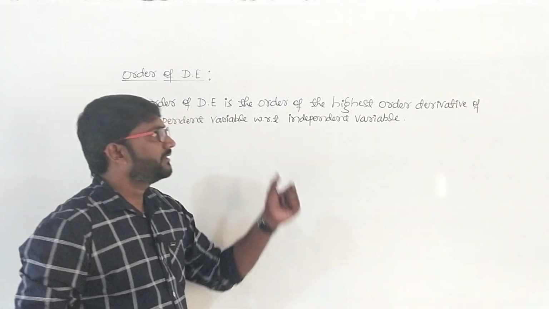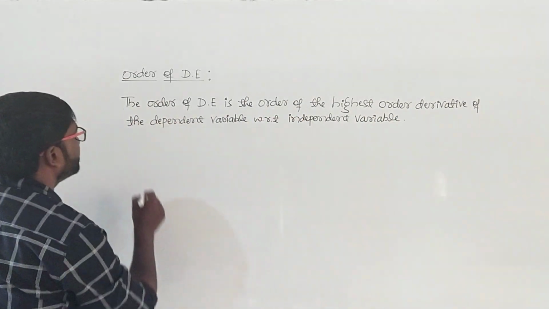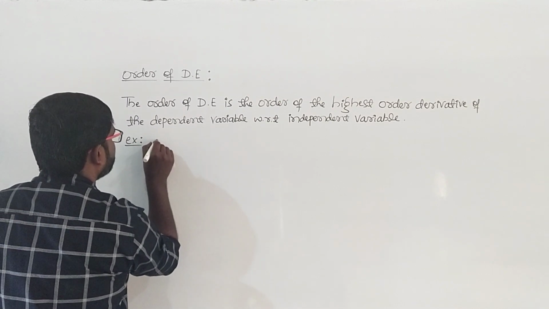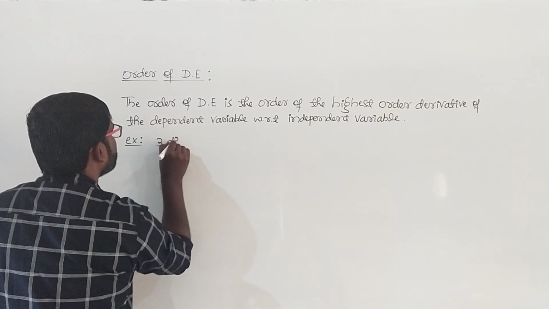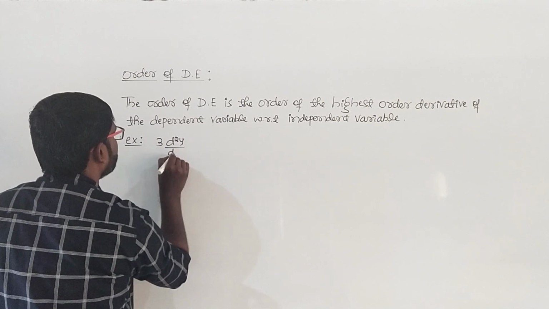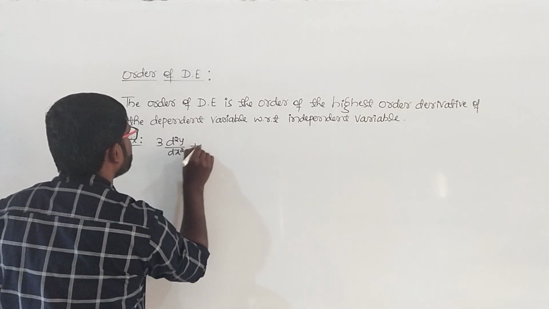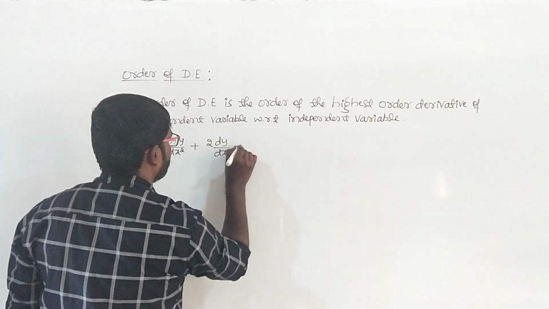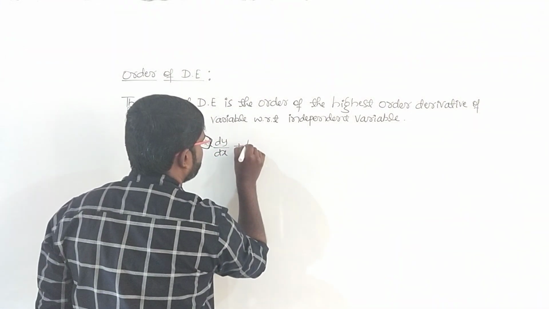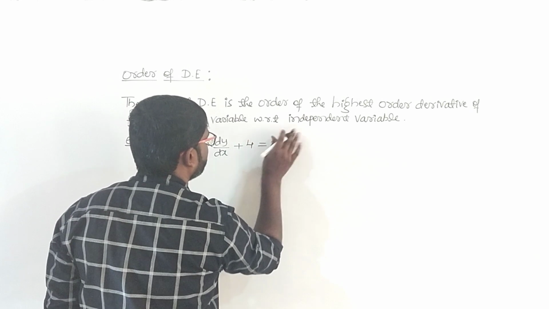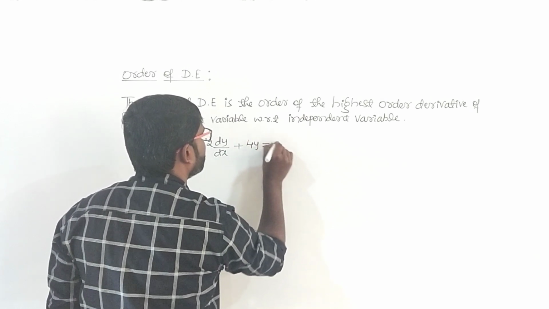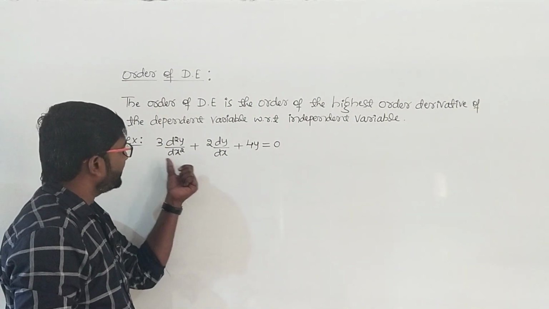So now let us give some examples for this. Example: 3 d square y by dx square plus 2 dy by dx plus 4y equals 0.